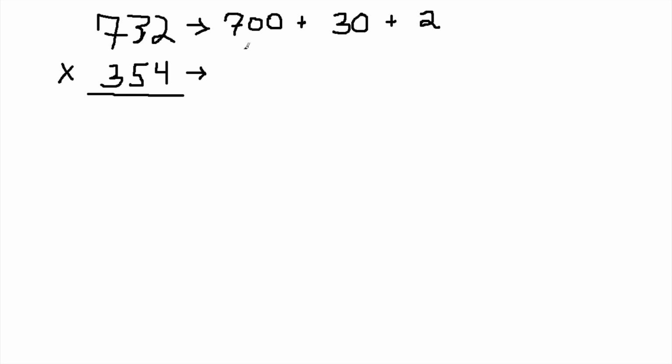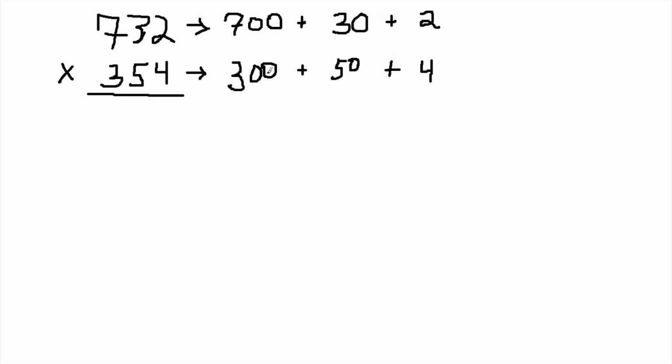So now I go into the bottom number. The 3 is in the hundreds place, so the value is 300. Then I go to the digit in the tens place, which is a 5, so the value is 50. And then I go to the ones place, which is 4, 4 ones is just 4.